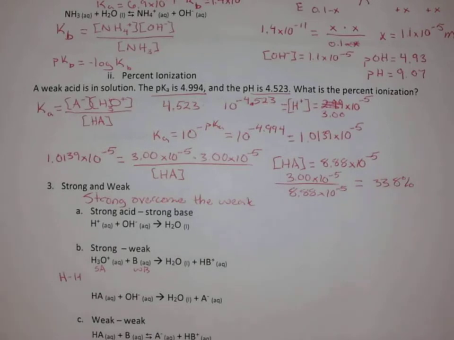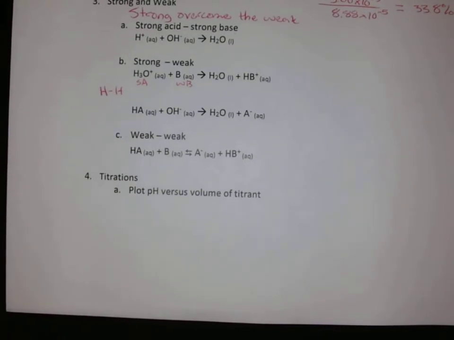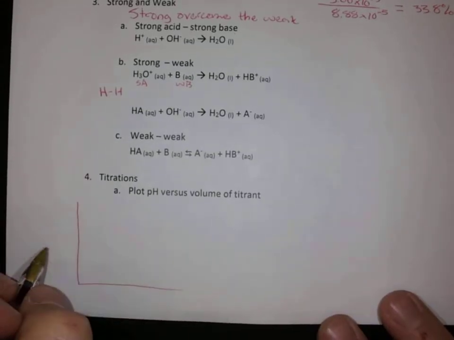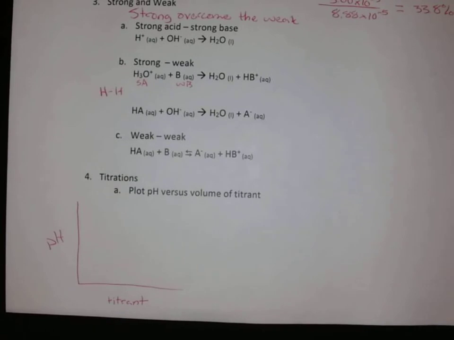So let's talk about graphical representations of our strong acids and bases. Well, that would be titrations, okay? We didn't get to do a titration last year. Maybe we did, I don't know. But titrations are really just a relationship where we plot pH versus some amount of titrant, okay? So we're going to add something and we're going to calculate what the actual pH of our initial source is, okay?